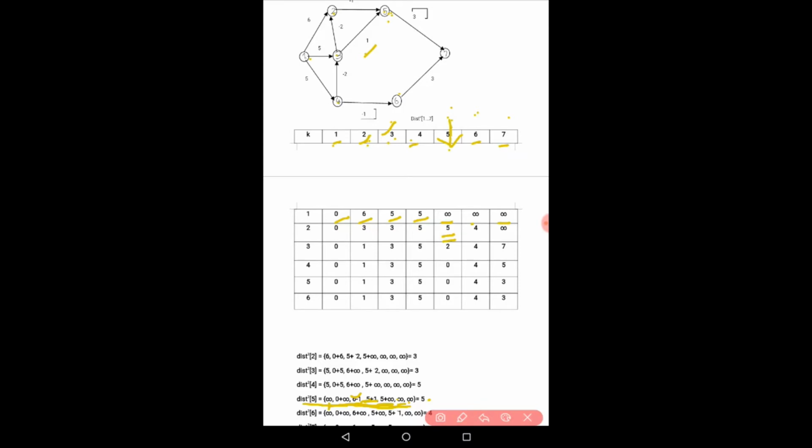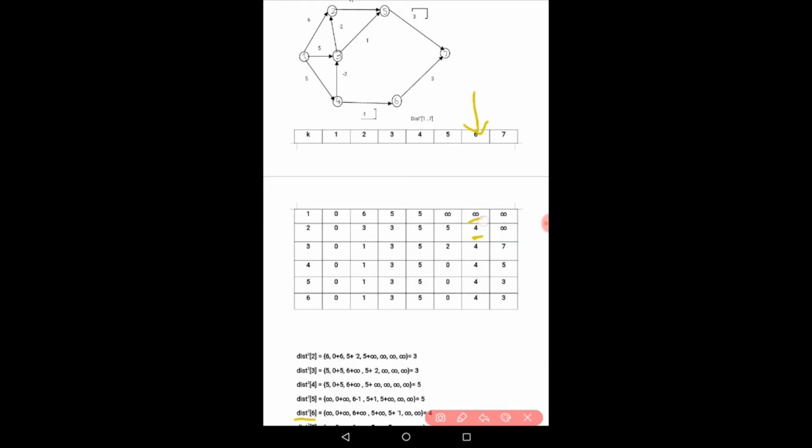Now this cell is finished. Now I had to fill this cell 4. So filling this cell, how I had to write. Now this is my current node. This current node previous value first I had to write. So now I am filling the distance of 6. This one I am filling. So what all things I had to write? Same procedure I had to repeat.